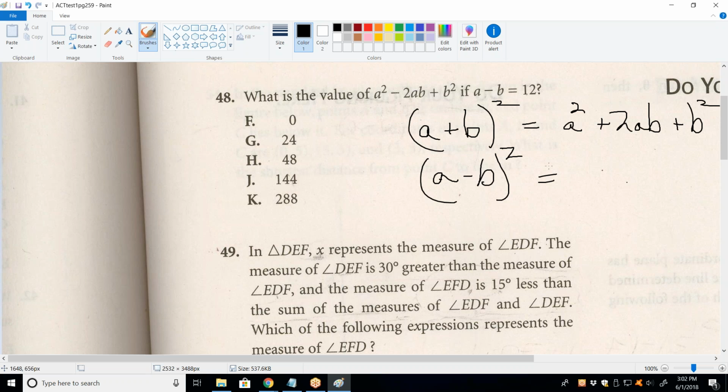And when you square the bottom, you get a squared minus 2ab plus b squared. If you know both of those, you will recognize instantly what to do with this problem. So what does that equal to?